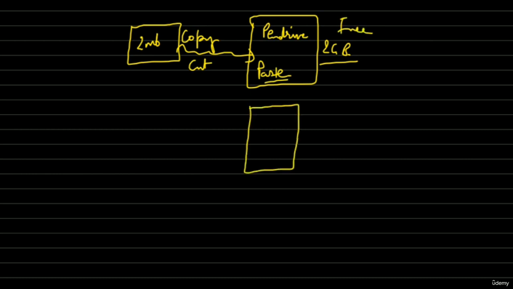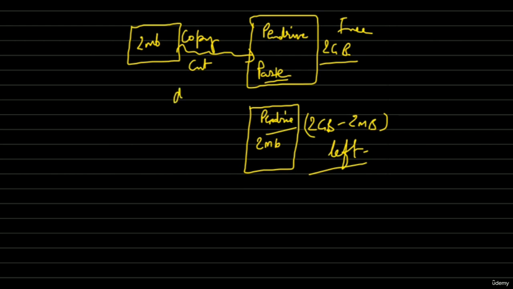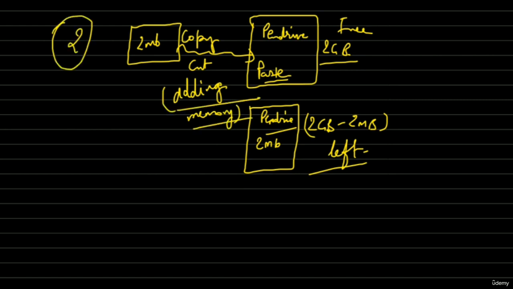Now it's not free, it has 2 MB in it. So 2 GB minus 2 MB of space is left in our pen drive. That is the meaning of adding the memory. Previously it was empty, and now we added 2 MB. So this is for the second one. I hope you have got this too.